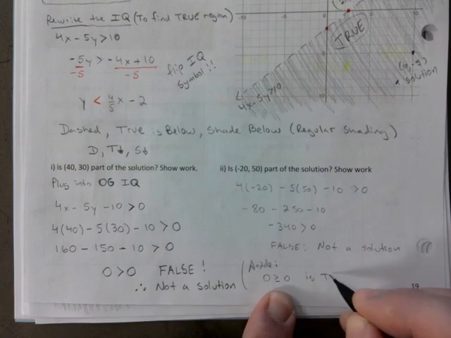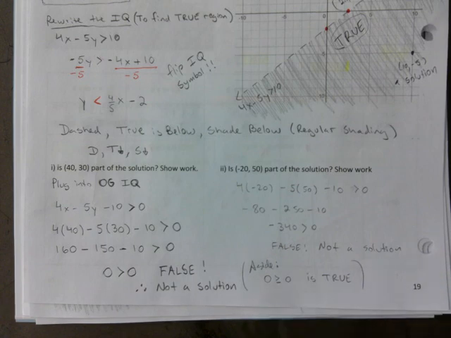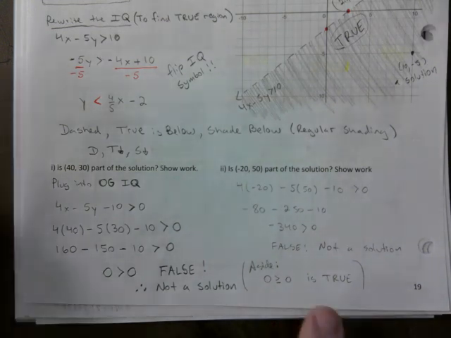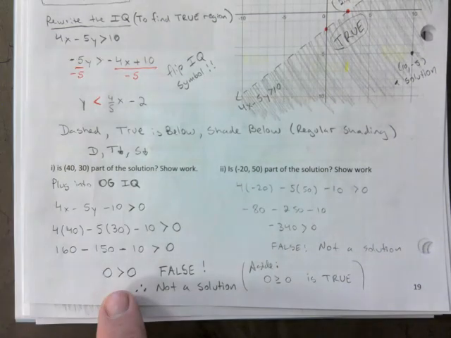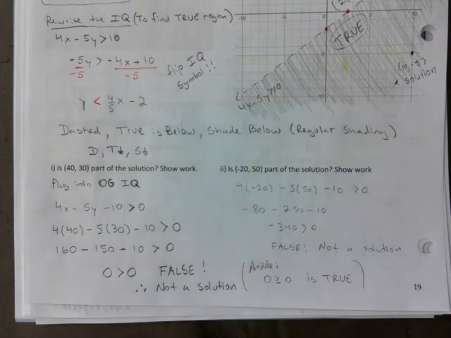That's what the statement is saying. So that would have been true, but because I'm only left with 0 is greater than 0, that is not true. That's a false statement, right? So a little change can make a big difference.